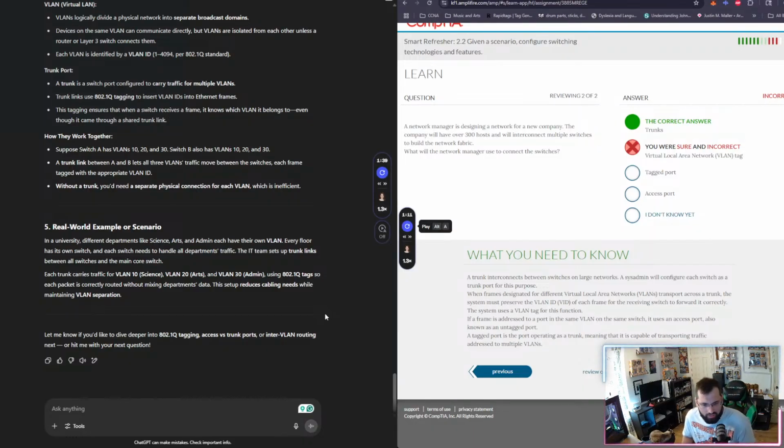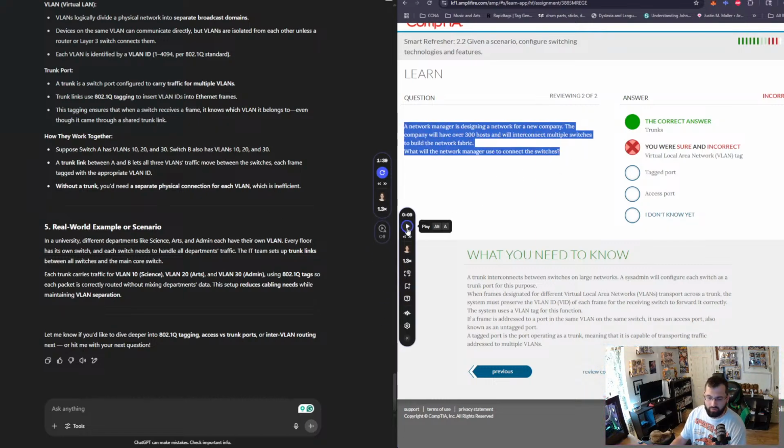It's almost like a virtual Ethernet cord, if I'm thinking of it correctly, and the Ethernet cord is housing or transporting all of the different VLANs to another destination, like another switch, if I'm understanding it correctly.